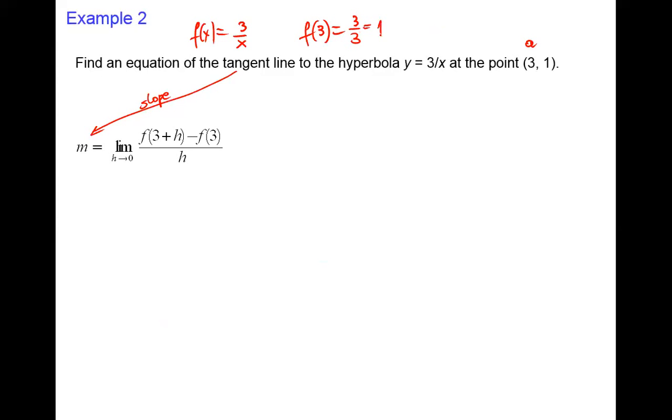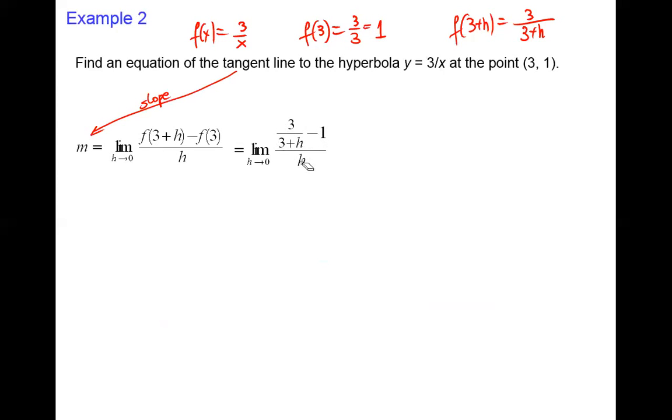Actually, it's 1, which we knew is that value, right? And for another evaluation, 3 plus h, I have to put 3 plus h instead of x. Yeah, this means the evaluation. Just instead of x, which we call a placeholder, we put different items. Okay, let's see. f of 3 plus h is this. f of 3, it's 1.